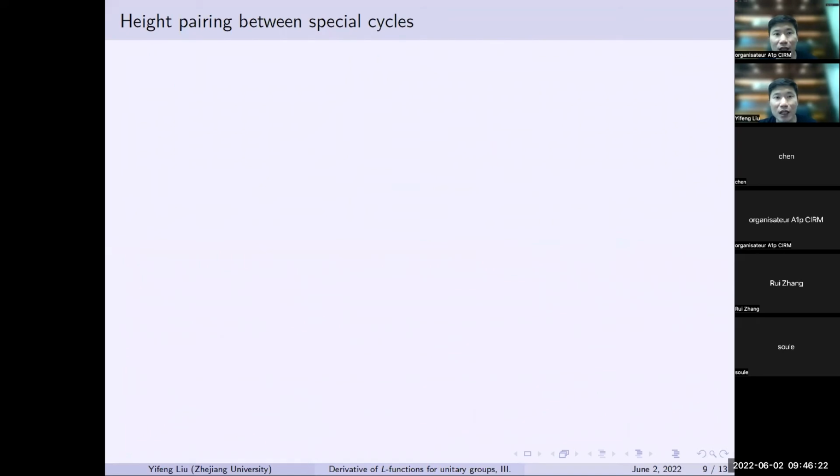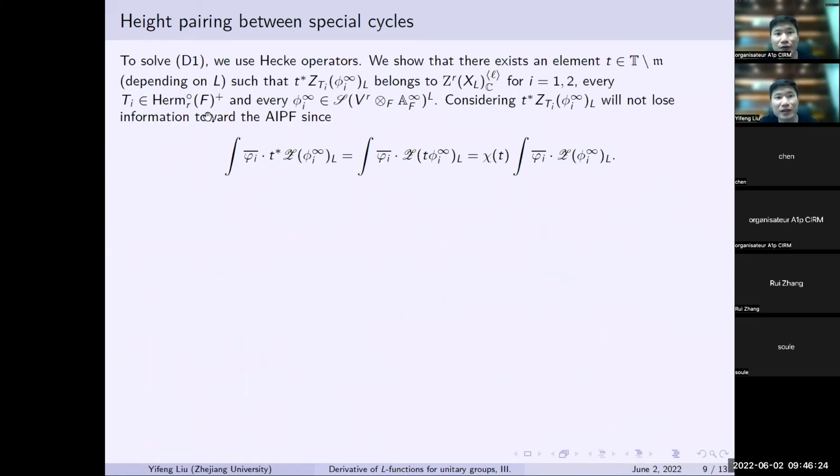So how to solve D1? To solve D1, we use Hecke operators. We show that there exists an element, which I denote by little t, in T but not in this maximal ideal M. This little t will depend on L, it is not the same for any L, such that it has the following nice property.